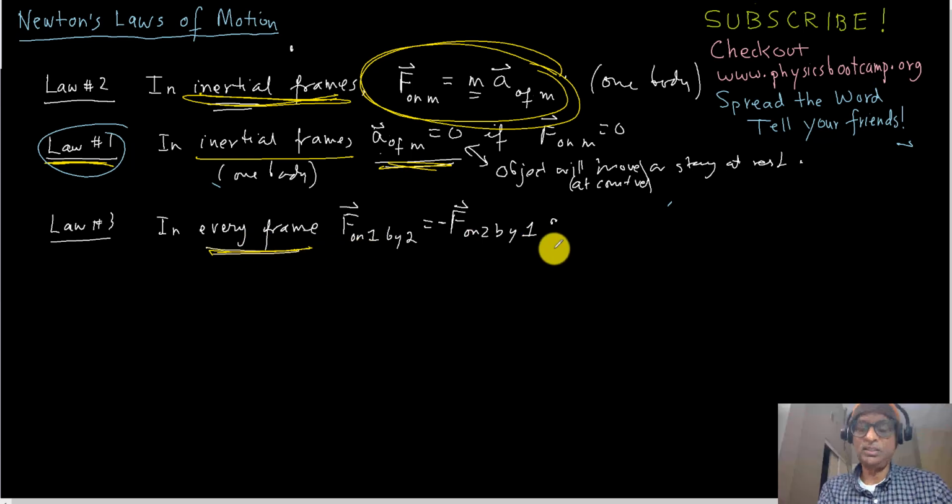So in a sense you might say that this law is an independent law, and actually this law is connected with what is called, later on we're going to talk about, the conservation of momentum.